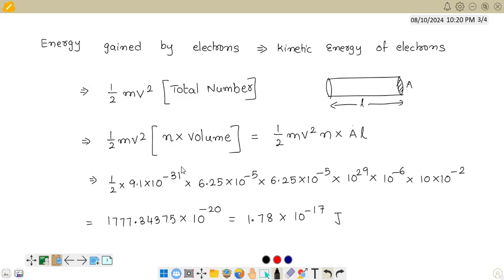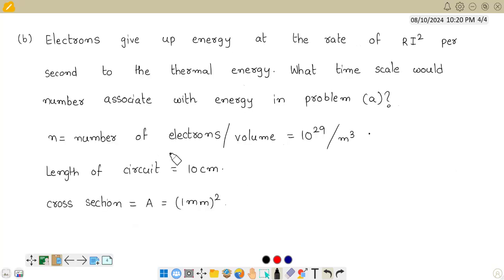So let us look at the second part of the solution. In the second part, he is asking, electrons give up this energy at a rate of Ri square per second to the thermal energy.